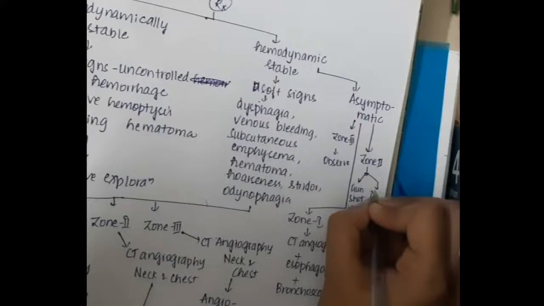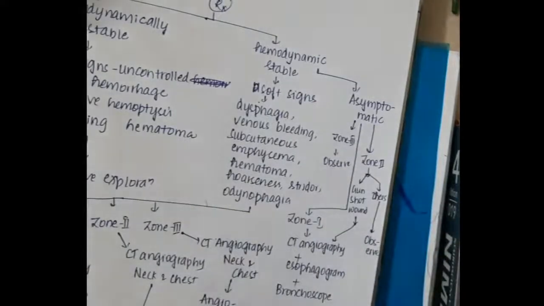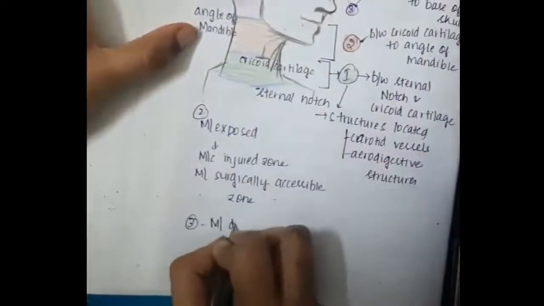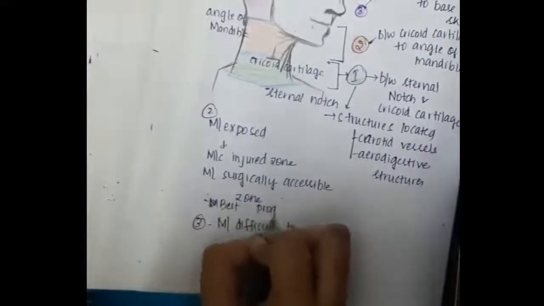But if the zone 2 injuries are not gunshot and are others, then we should just observe the patient. So this is the important flowchart for neck injuries. Zone 3 is very difficult to operate, and among all these, the best prognosis is in zone 2. So this is about the neck injuries.